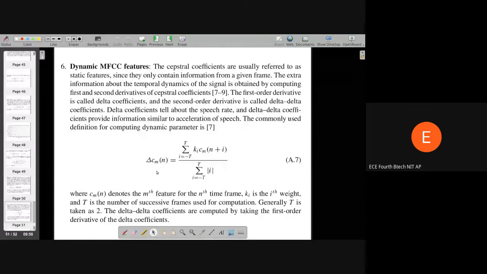Once you get the MFCC coefficients, we can derive delta and delta-delta coefficients. If the MFCC represents the characteristics of the vocal tract or speech signal at a certain point in time for a particular frame, delta represents how those MFCCs, the speech production system, are changing, and delta-delta represents the rate at which they are changing.